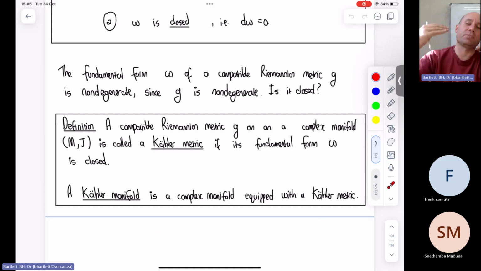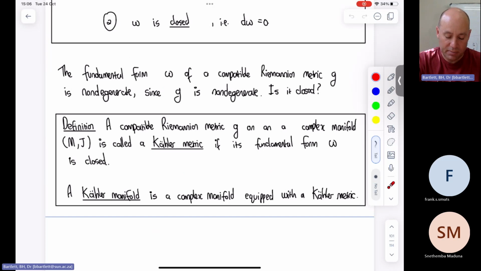Firstly, the metric preserves the almost complex structure J. That's a condition on each tangent space that you can check on each tangent space separately. And then there's also a sort of local condition about how the metric evolves, how it changes from point to point. And that's also got to get along with the complex coordinates.